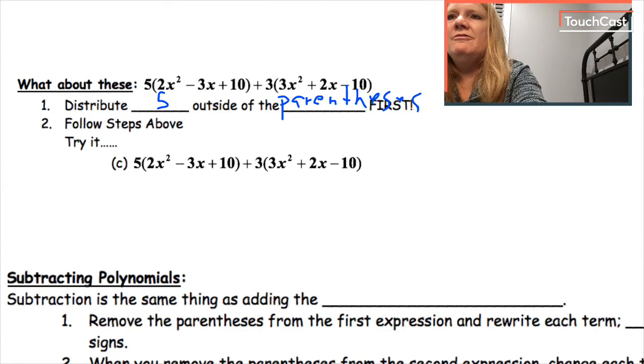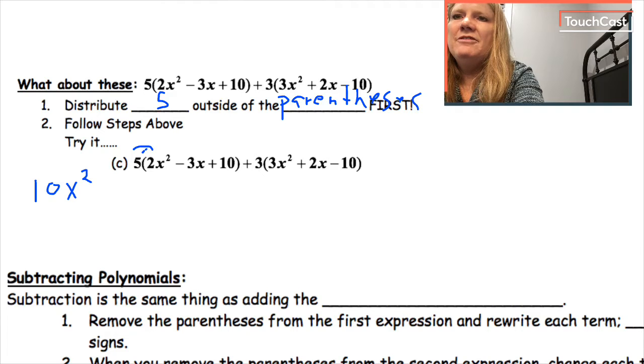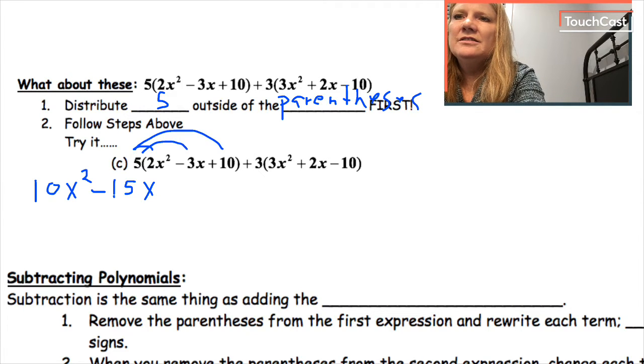So we have 5 times 2x squared, so that is going to be 10x squared. Then we have 5 times a negative 3x, that's going to be a negative 15x. And then 5 times 10, and that is going to be 50.